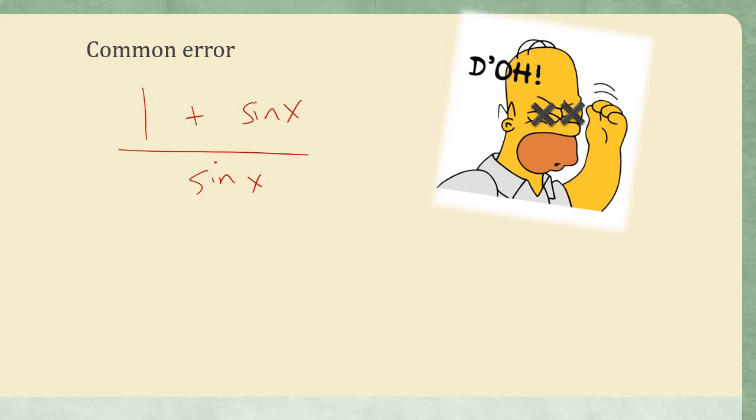If you have (1 plus sine x) over sine x, you cannot do that. That is bad, and say that equals 1. Very, very bad. Actually, I'm going to put x's for the i's. Cannot do that. If you're multiplying, you can do that, but if you're adding or subtracting, you can't do that.